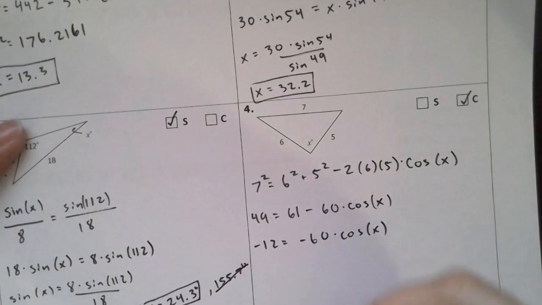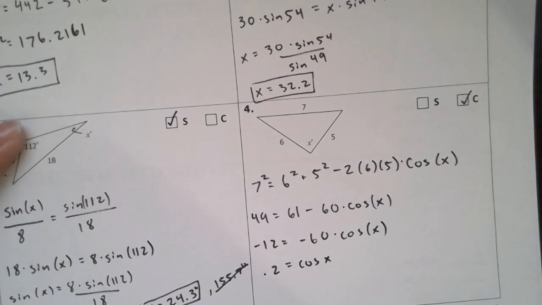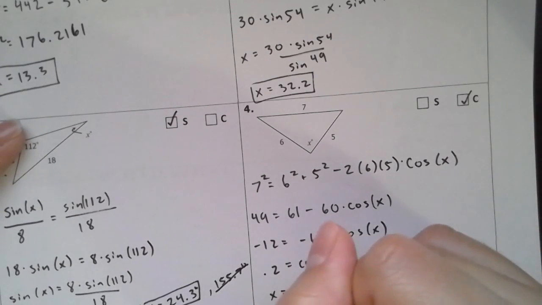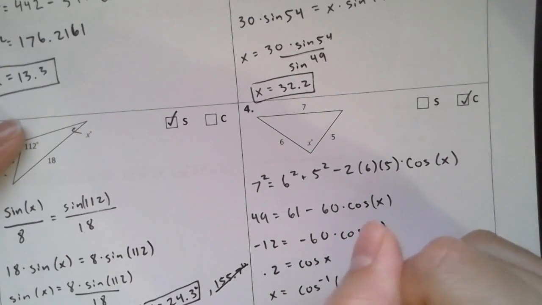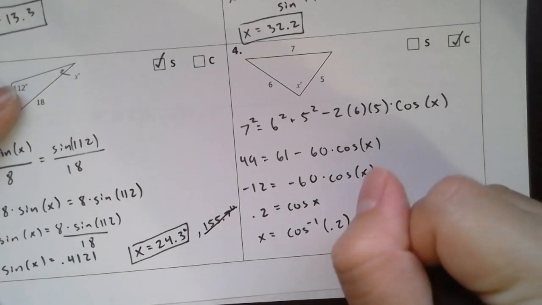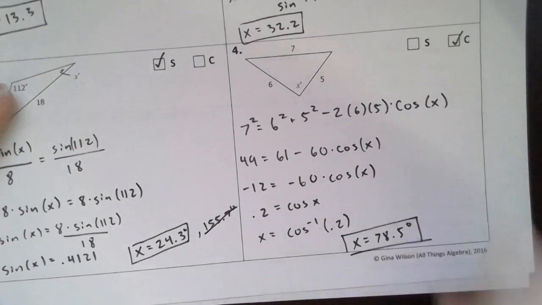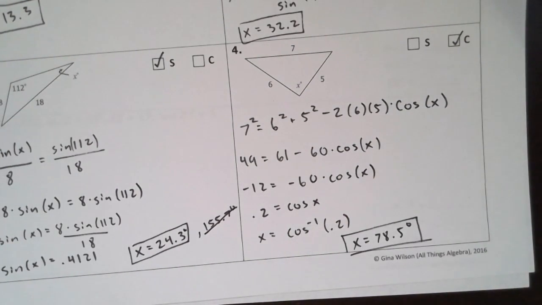Divide both sides by negative 60, you're going to get 0.2 is equal to cosine x. So then x is equal to the inverse cosine of 0.2, and in your calculators, that's going to give you x is equal to 78.5 degrees. And that's it. Okay, next page.